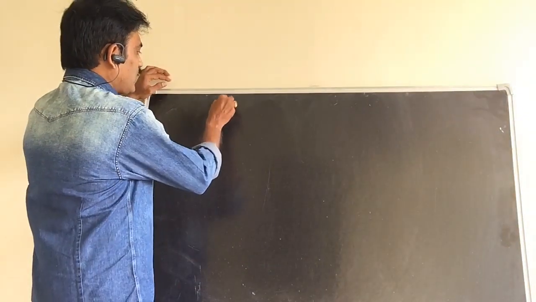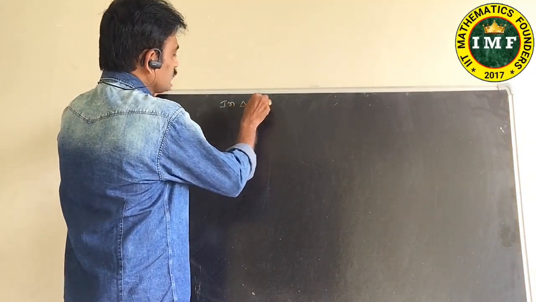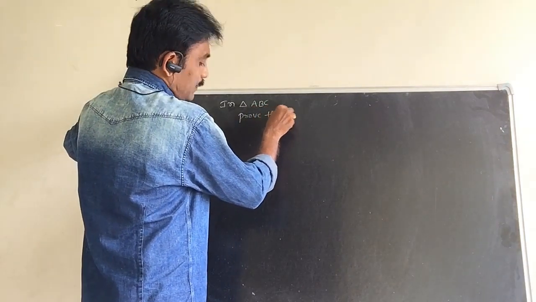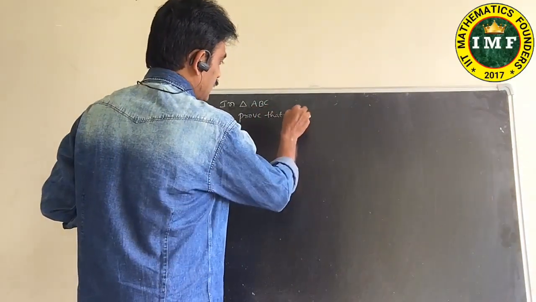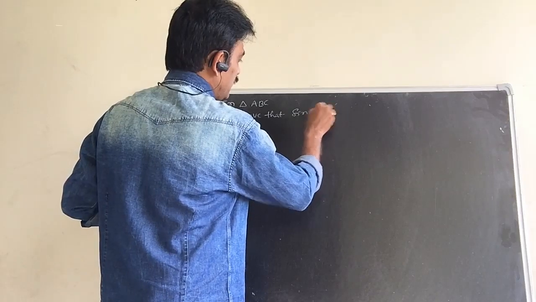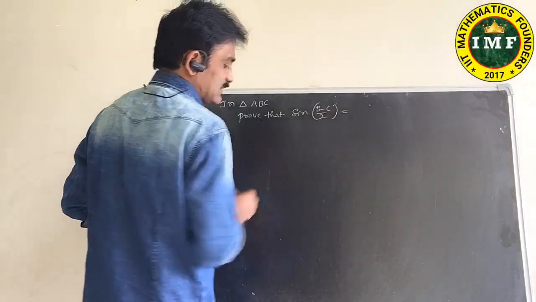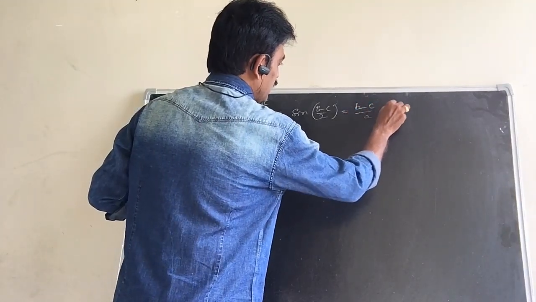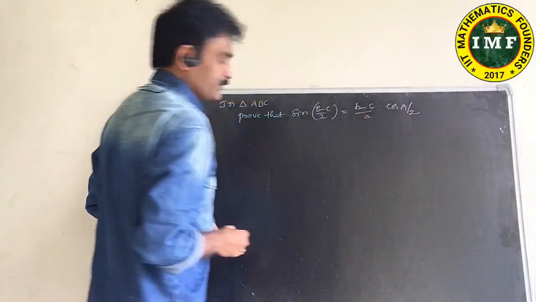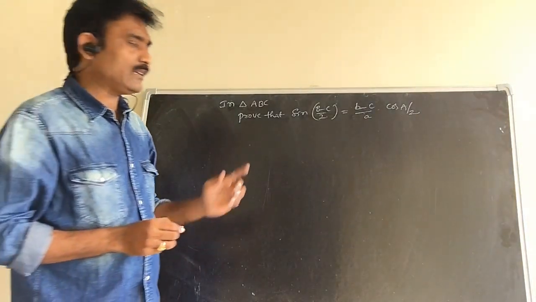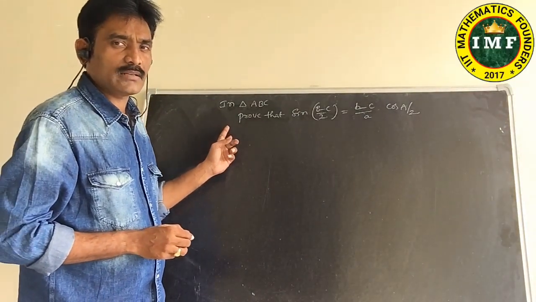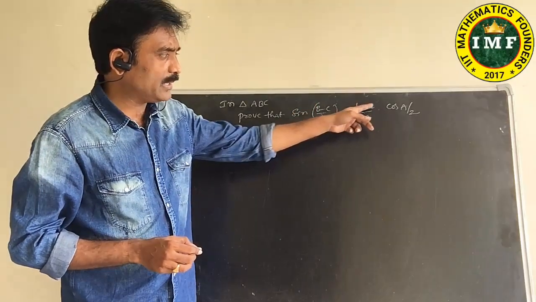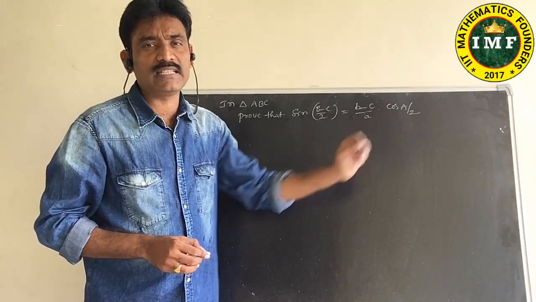So in any triangle ABC, if we are asked to prove that sin of (B minus C) by 2 is equal to (b minus c) by a into cos A by 2.